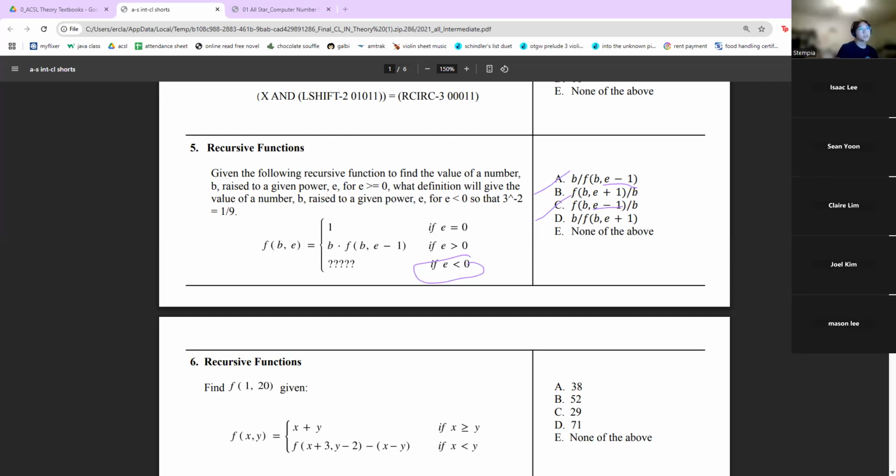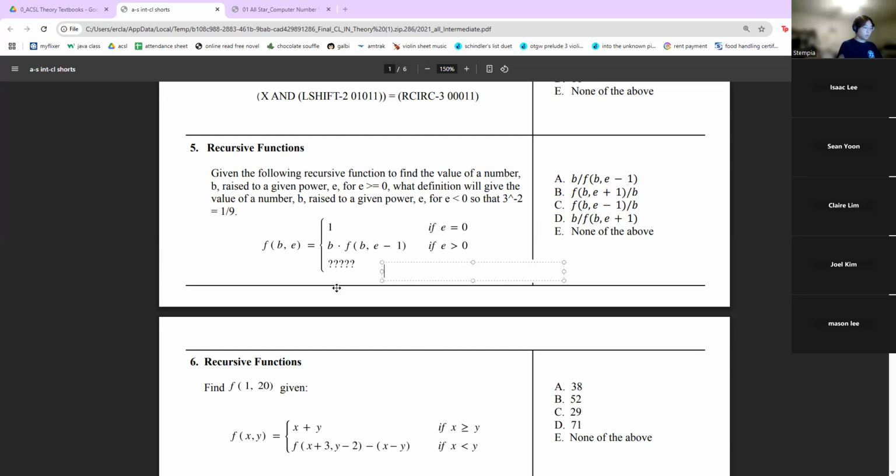Now, between B and D, it's just a matter of plug and chug. Let's assume that the answer is B. Let's rewrite this to make it a little neater.